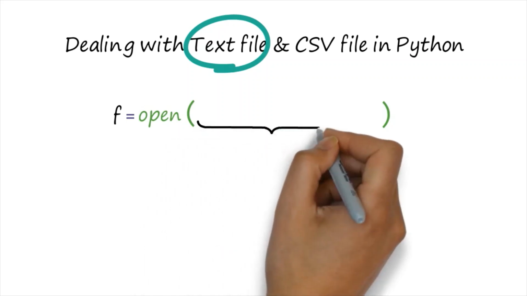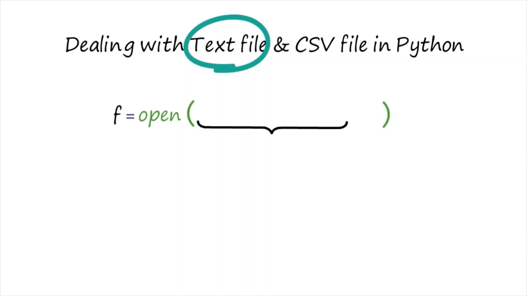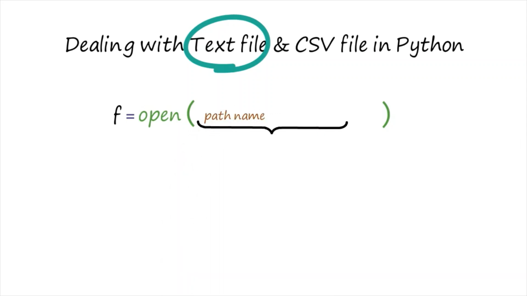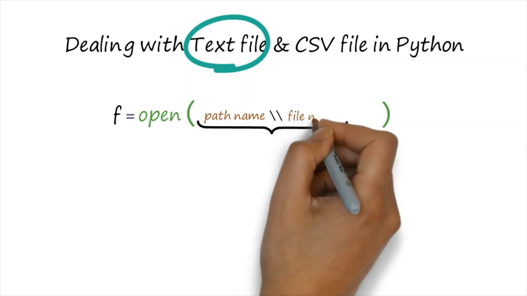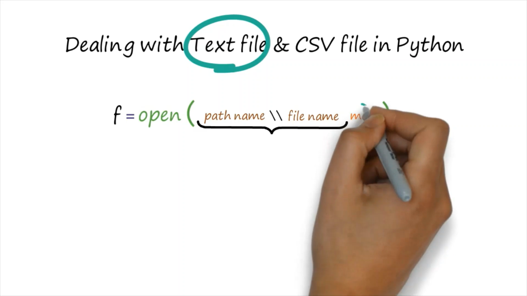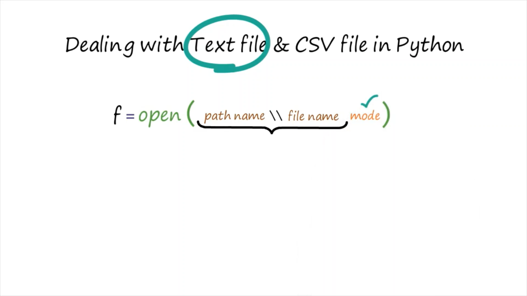In the first part, you have to write the path name, means the location, as well as the file name. Whatever file you are going to create, you have to give the file name. And then you have to mention a mode. This is a very important thing, and we will discuss it.